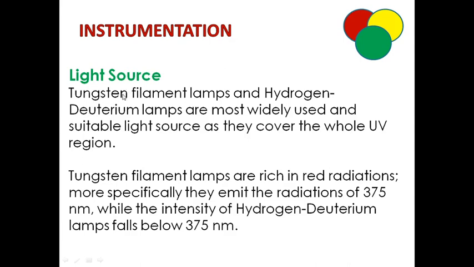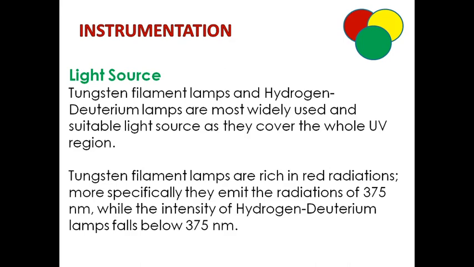So there are two types of light sources we will use in the case of UV visible spectroscopy. One is the hydrogen deuterium lamp and the other one is the tungsten filament lamp. Generally, the hydrogen deuterium lamp will emit UV radiation in a range of 200 nanometer to 375 nanometer.